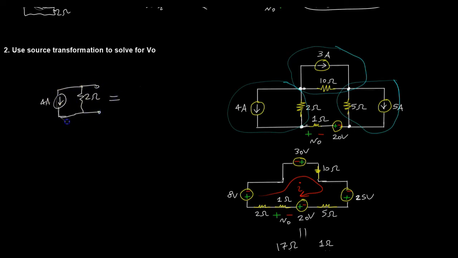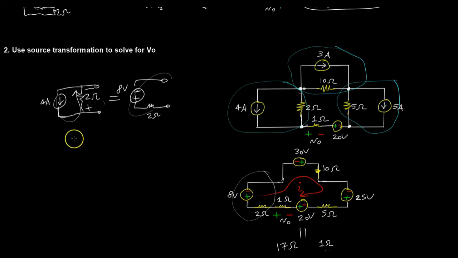So the current is going this way, and so I'm going to have a voltage drop looking like that. And when I measure the voltage with some probes at these terminals, I would see a voltage in that fashion. So I would have the same polarity as you saw here. I'm going to have 4 amps times 2 ohms, which is 8 volts. Then I'm going to have 2 ohms in series. And that's what you see on this end. I've simplified the circuit to what you can see down here.